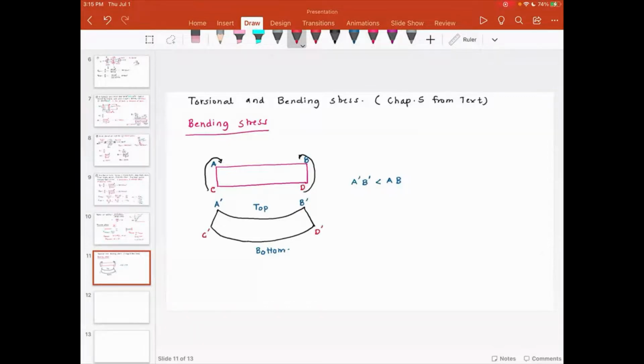The bottom of the beam expands, which means C dash, D dash is greater than C, D. So there is compression on top and elongation on bottom.